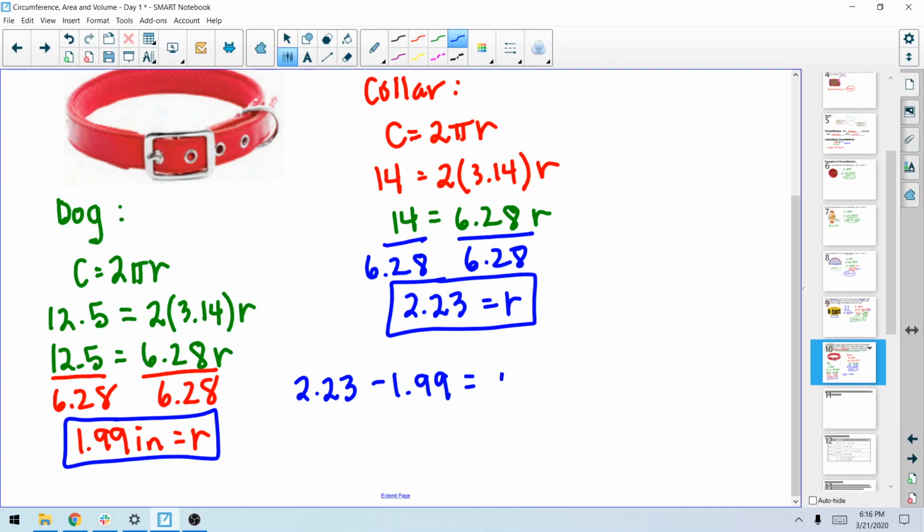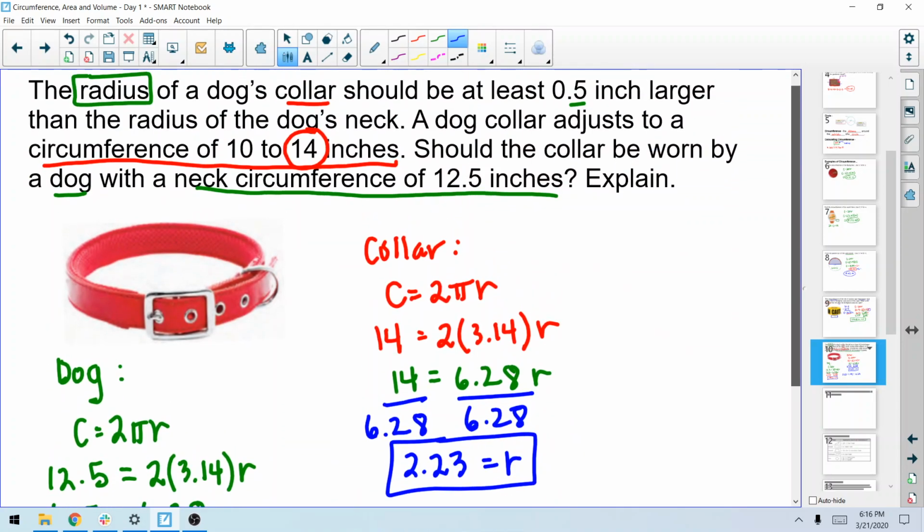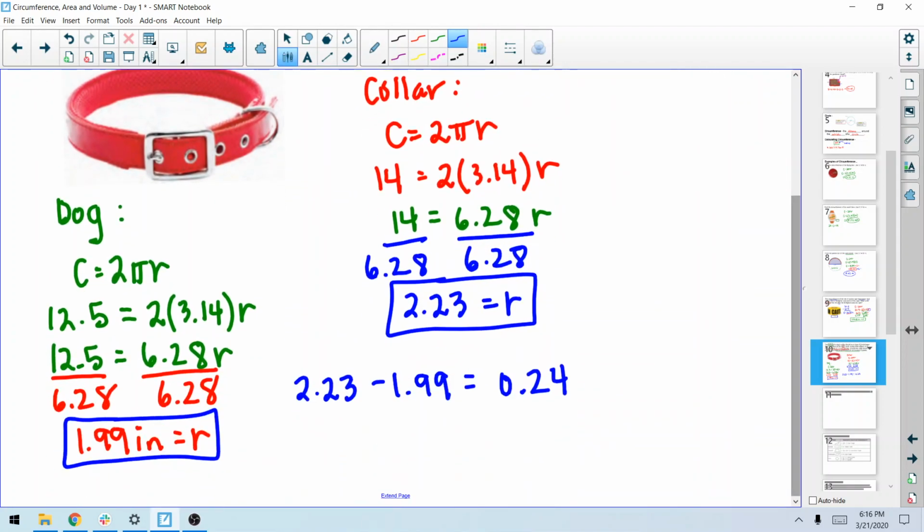And I'm getting 0.24. Is that at least a ½ inch larger? And the answer is no. So what was the actual question here? Should the collar be worn by the dog? No. Not large enough.